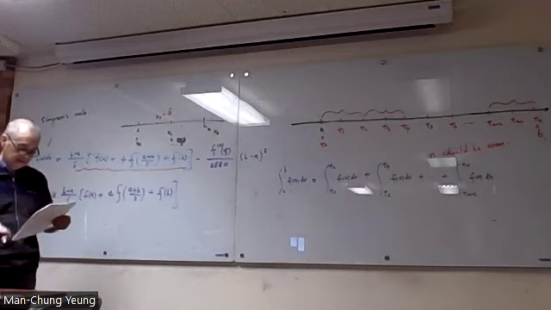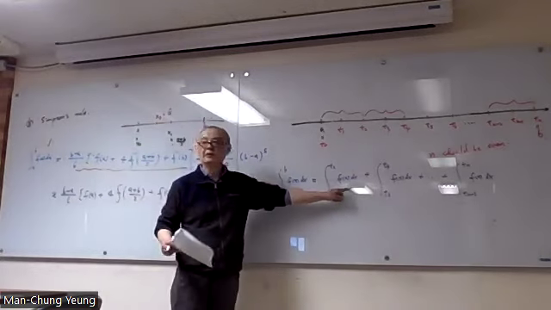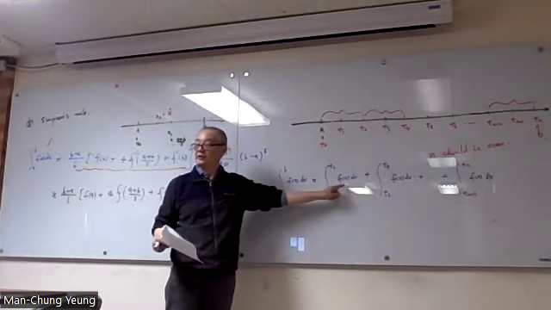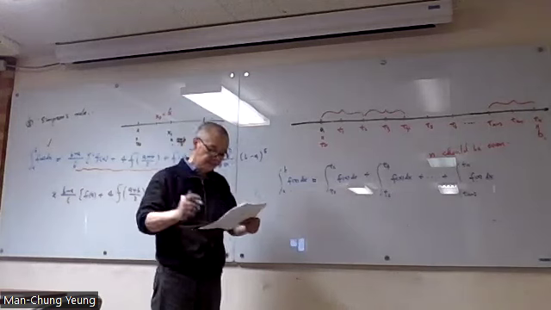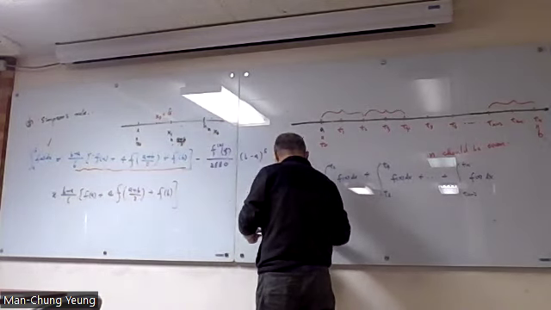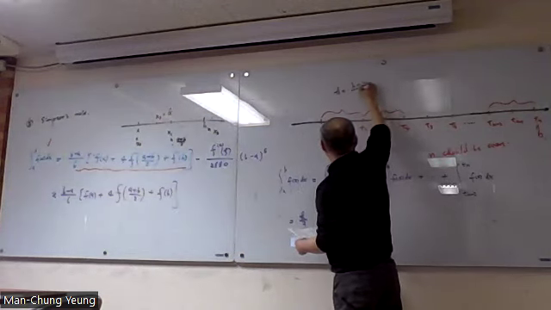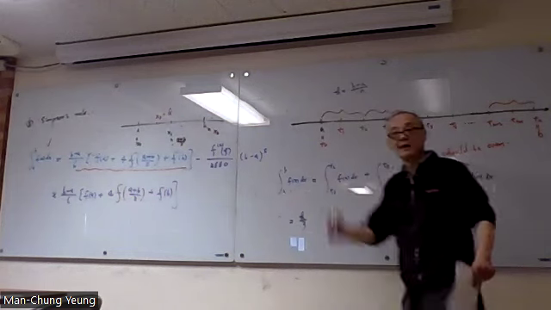Apply Simpson's rule to each integral and simplify. Then we get h over 3, where h is B minus A over n, and n is an even number.